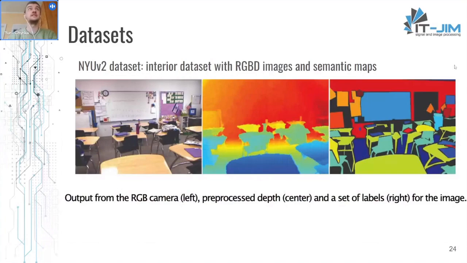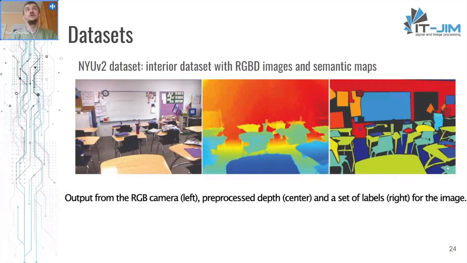One more dataset with interior images is NYU version 2 with RGB-D images that are additionally labeled by semantic labels. So it contains two types of data: RGB-D, as you can see on the left side, and additionally the two-dimensional image was labeled for semantic labels.